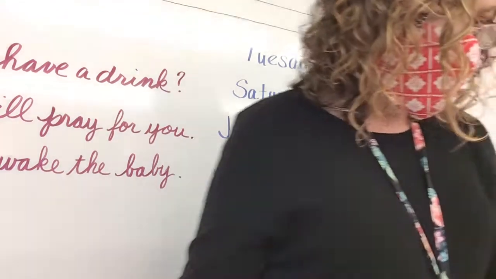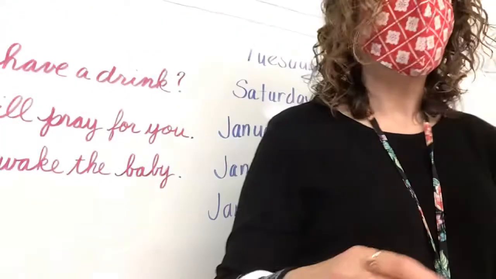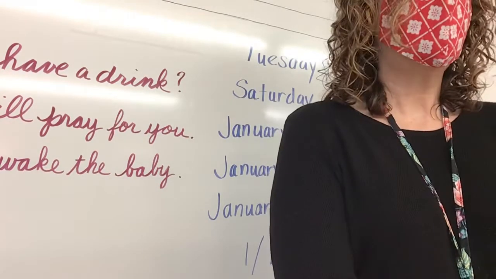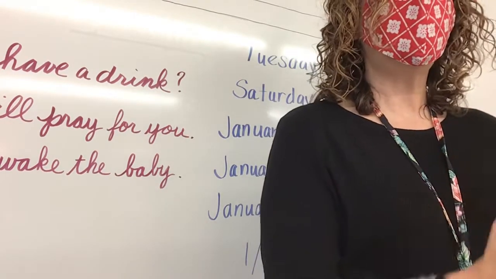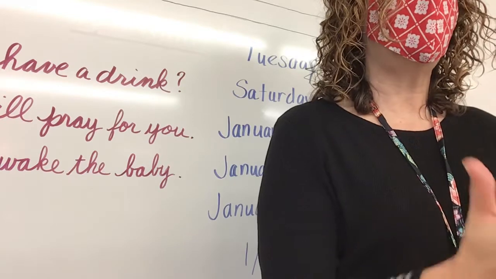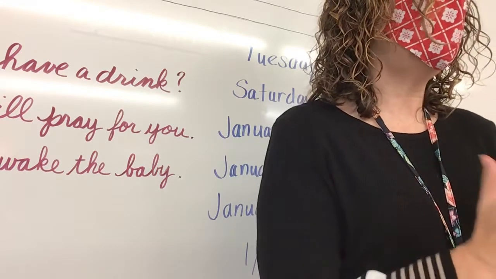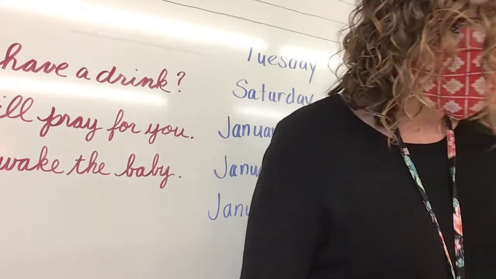All right. Now we have a few measurements. See if you can remember without looking on the front of your paper. How many months are in a year? 12. Let's say them. January, February, March, April, May, June, July, August, September, October, November, December.